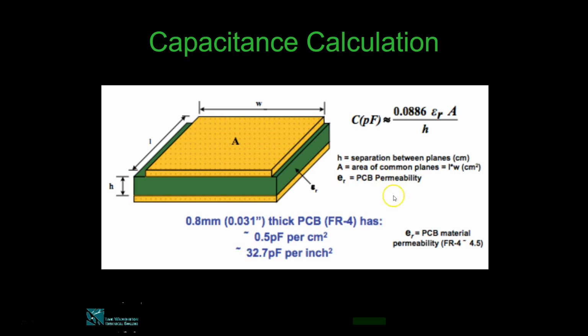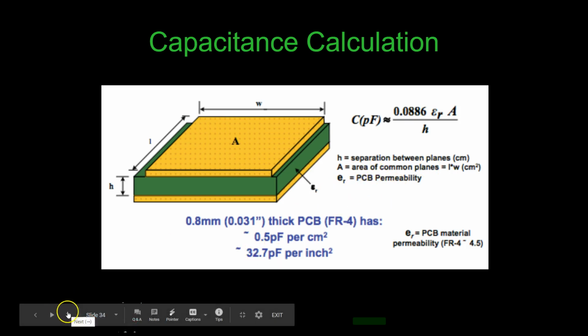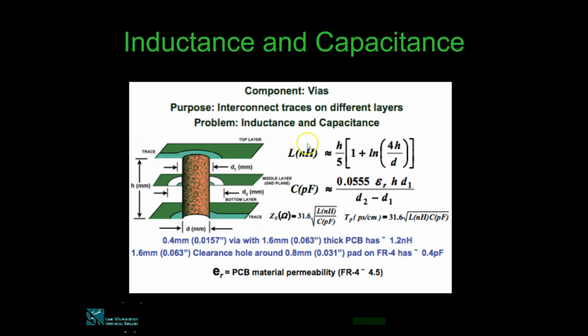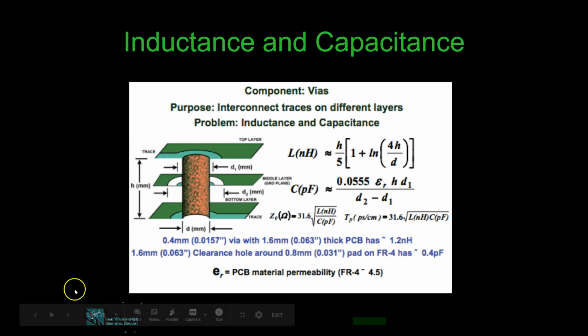So this way you can calculate it. And moving on to the next slide, this is another way to calculate inductance and capacitance. So you can use these formulas to determine these parameters: inductance, capacitance, and impedance.